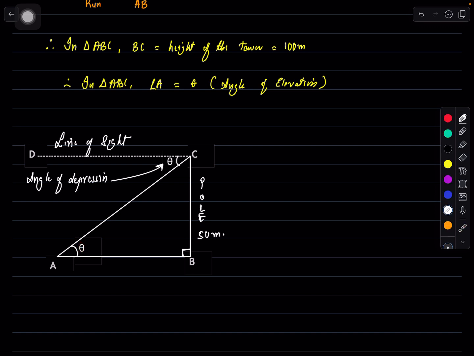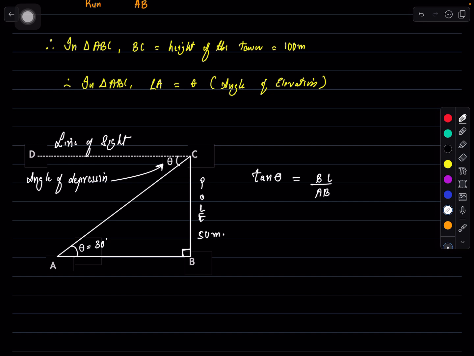So here in this case, if I use the tan function, we will get tan of angle theta is going to be vertical rise, which is BC, over horizontal run, which is AB. So if we had angle theta, maybe angle theta is 30 degrees.